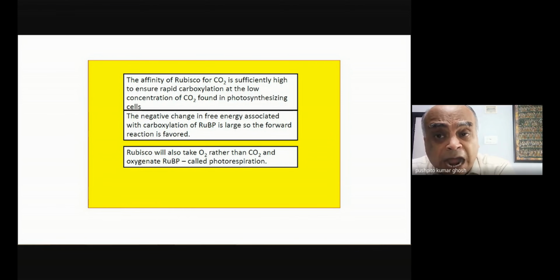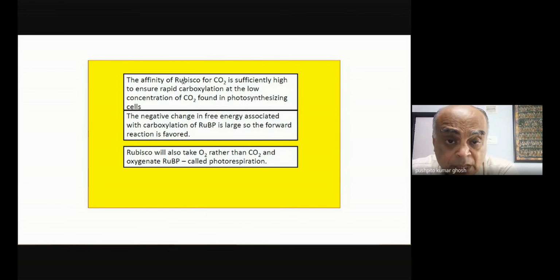So for the molecule to be able to bind the CO2 and then react shows what an outstanding affinity it has for CO2. The moment the CO2 is swept away, the concentration gradient will continuously allow more and more CO2 to come into the site of the dark cycle.